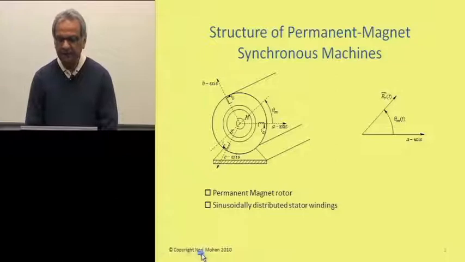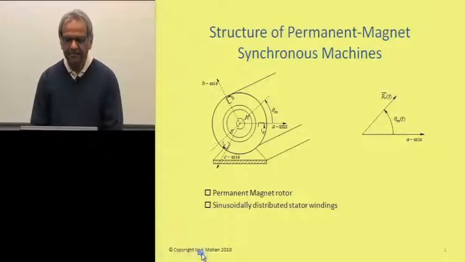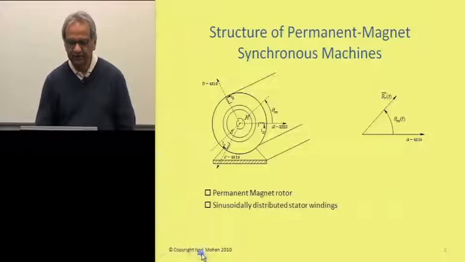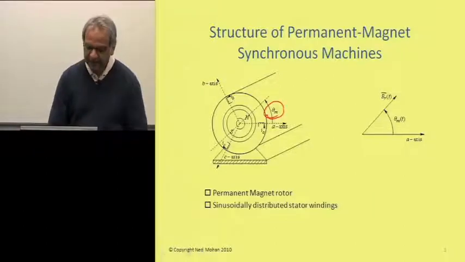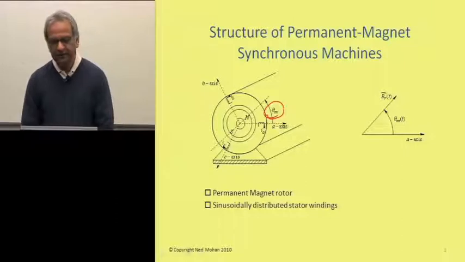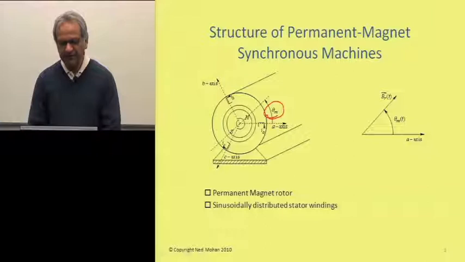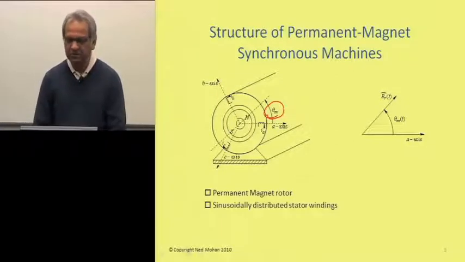And we will measure the rotor position, theta sub m, as shown here, with respect to phase A axis. So as the rotor rotates, this theta sub m would change. These magnets are also arranged such that they produce a sinusoidal flux density distribution in the gap.